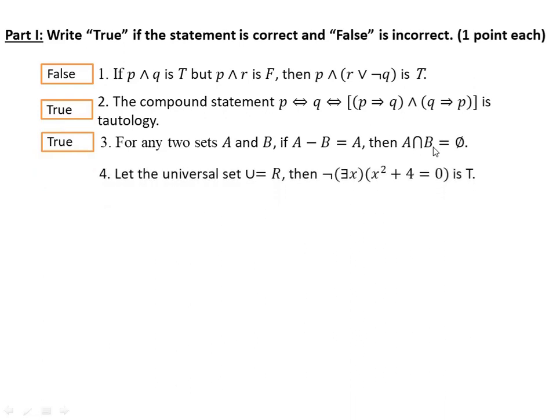Number 4. Let the universal set be the real numbers, then the negation of 'there exists x such that x squared plus 4 is equal to 0' is true. Now to determine this, what does the negation of 'there exists x such that x squared plus 4 equals 0' mean? For every x, x squared plus 4 is different from 0.